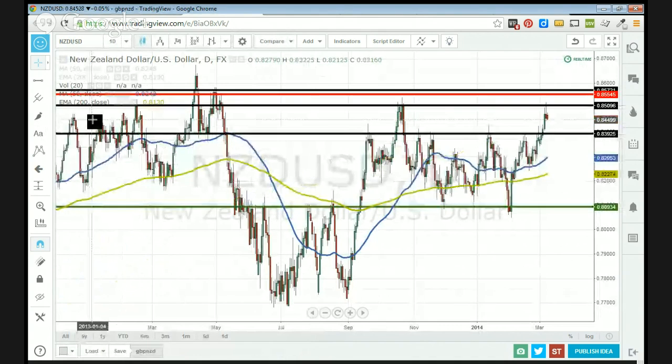Kiwi dollar. Well, this is actually really interesting. Do I have a short Kiwi dollar trade on at the moment? I do not. That might be the best trade of the bunch here.